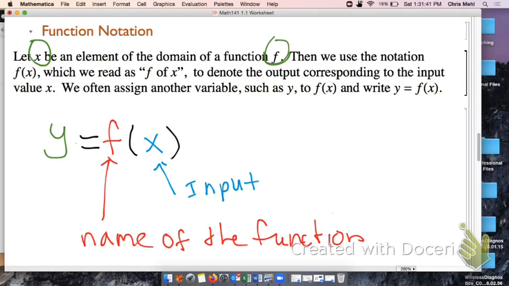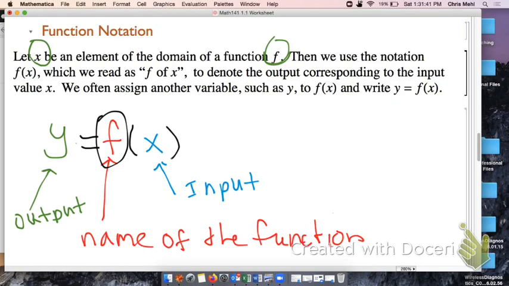Now for us, when you plug x into f, that's what this f of x is, whatever the function is supposed to do, it's going to give you an output y. So this f right here just changes an input value to an output value.